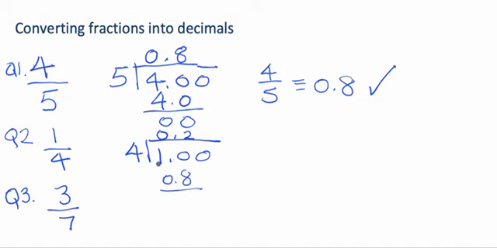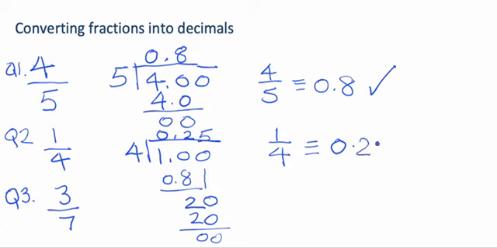And then 10 minus 8 is 2. Bring down the 0. How many times does 4 go into 20? Okay, it goes in 5 times. 5 4s are 20. And so 20 minus 20 is 0. That's the end of the equation. So the answer is 0.25. So a quarter, same as 0.25.